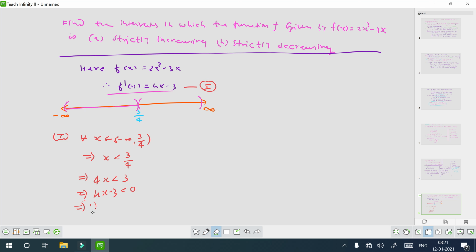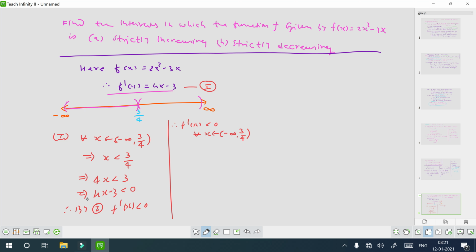And therefore by 1, f dash x is less than 0 for all x belongs to minus infinity to 3 by 4.